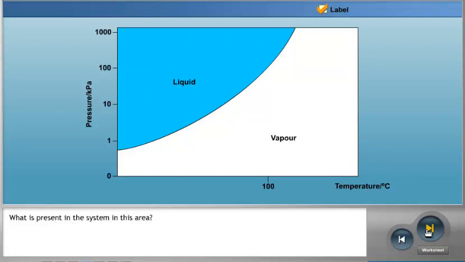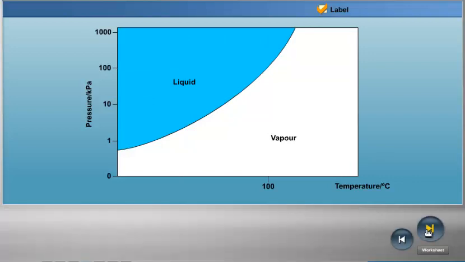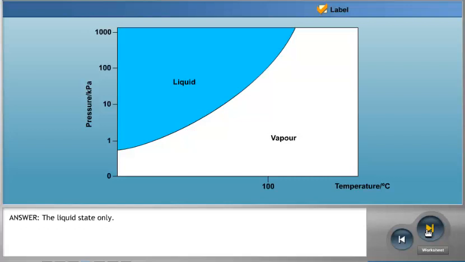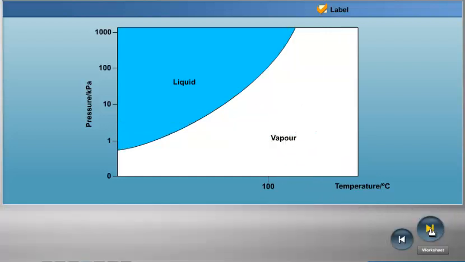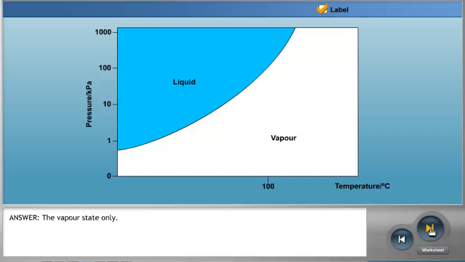What is present in the system in this area? Answer: the liquid state only. Do the same in the white area. What is present in the system now? Answer: the vapor state only.